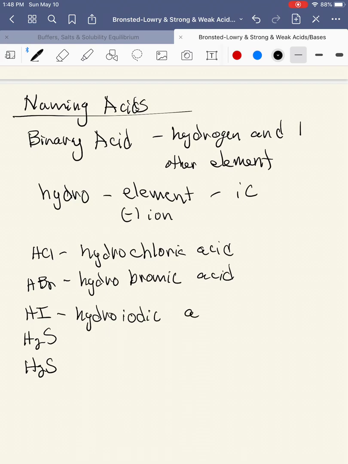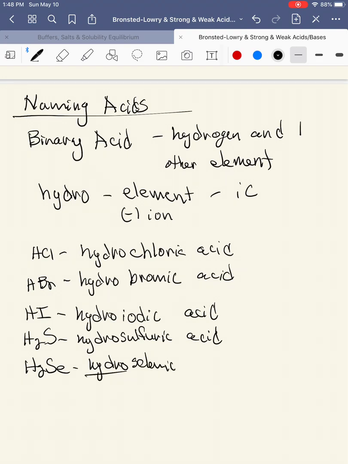Hydroiodic. S is sulfur, hydrosulfuric. And H2Se, hydroselenic. The only time you use hydro is when you have these binaries.